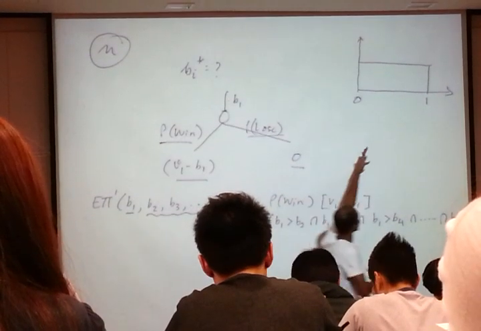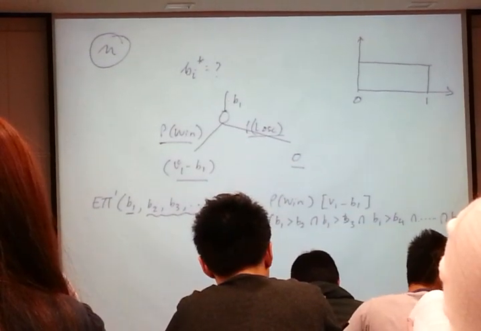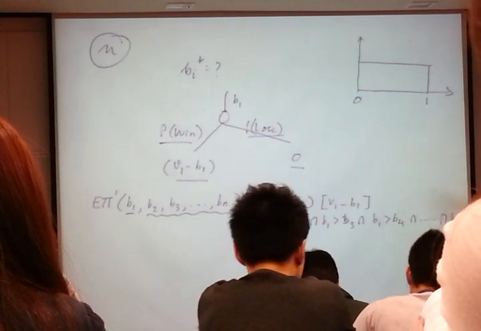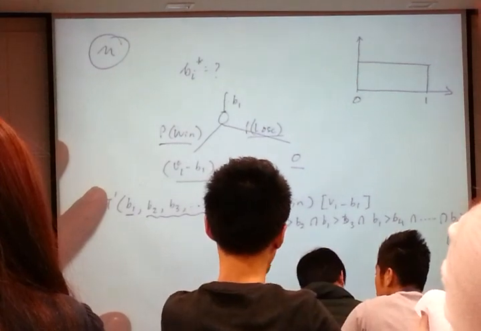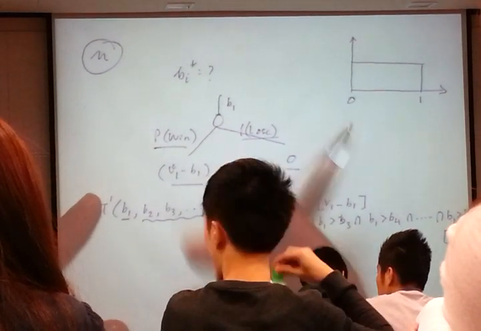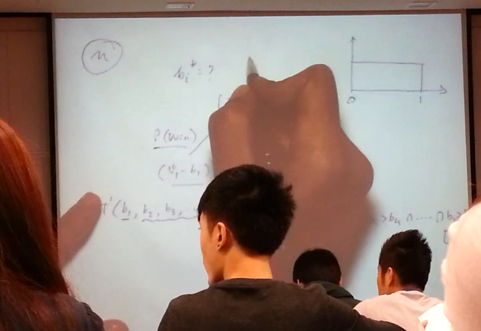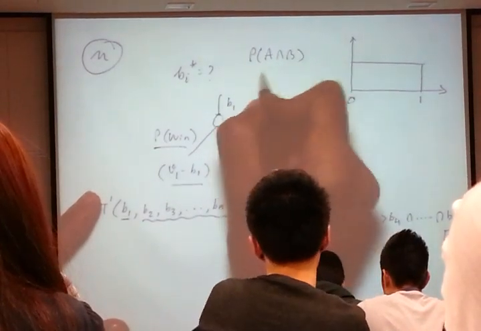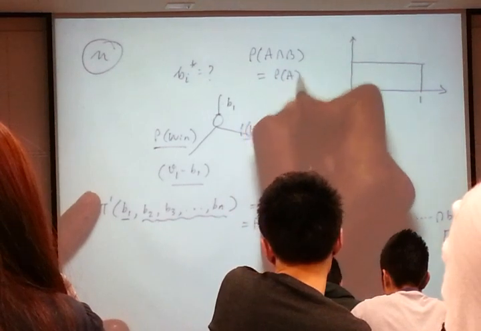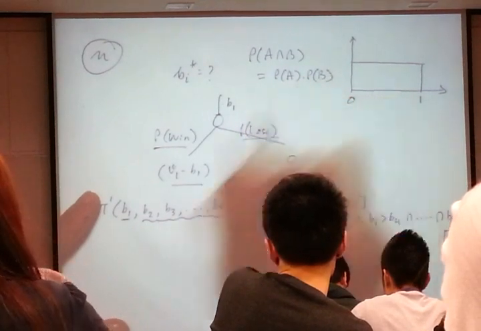That means if I draw one bidder from that distribution, the valuation he will have has got nothing to do with if I draw another bidder from it. And you will recall elementary statistics, stats 101, that probability of A and B, if A and B are independent events, is just a multiplication of the probabilities.